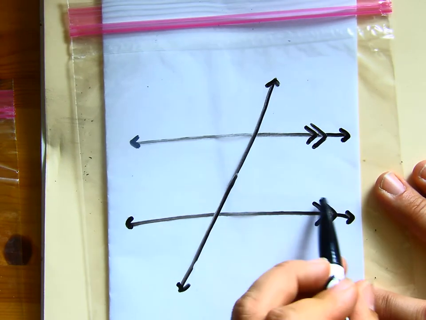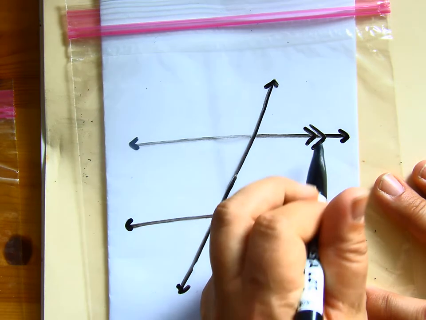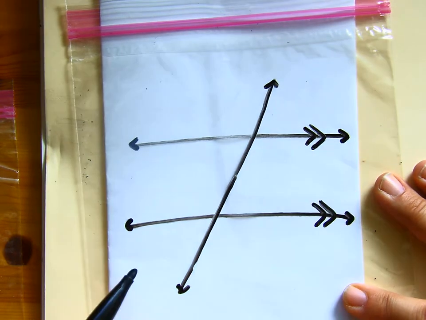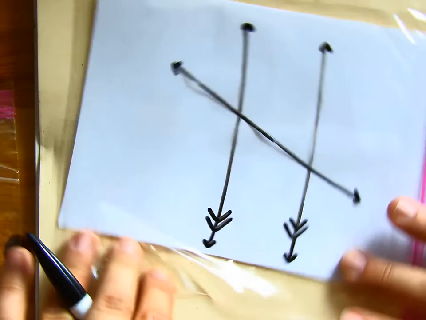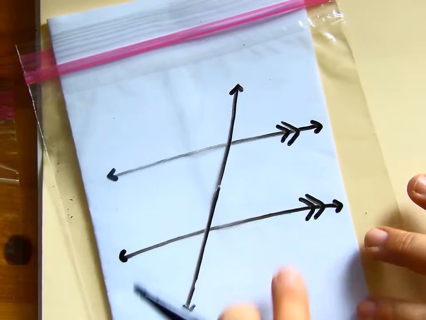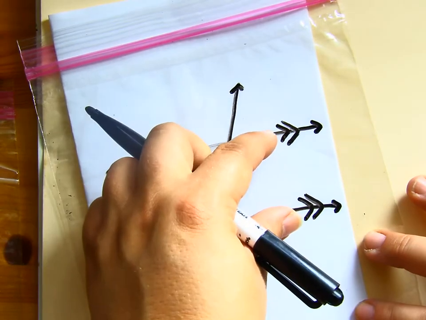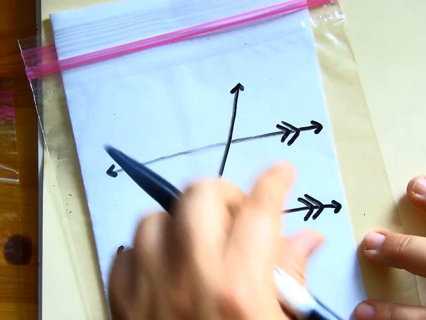So whenever there's a matching pair of chevrons, that means that these two lines are parallel to each other. It doesn't matter how I turn it, what it looks like, no matter what I do, if they have matching chevrons, then those lines are parallel lines.